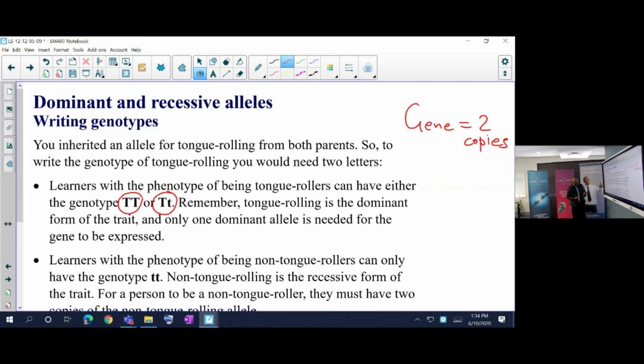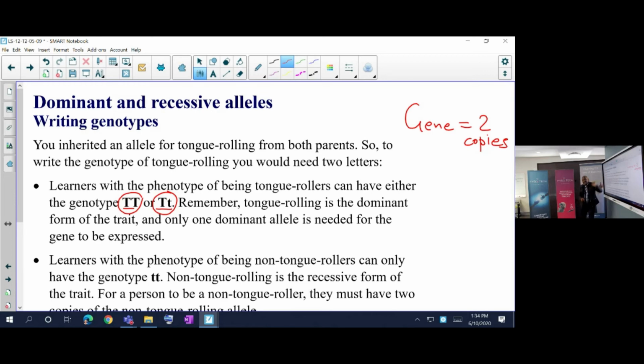Right. So now we are further simplifying our dominance and recessiveness. Learners with phenotype of tongue rollers, our previous example, can either have a genotype TT or Tt. T uppercase, t lowercase. And remember, from the previous slide, there was a statement that says even if one of the letters is present, dominance is shown.